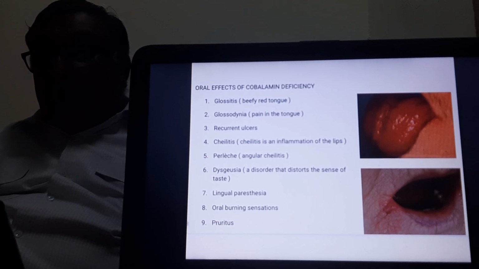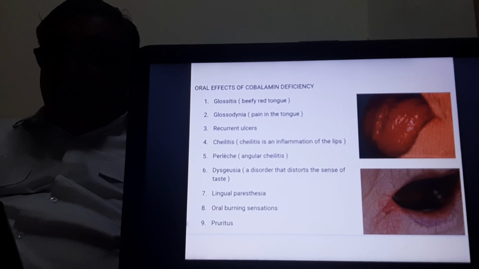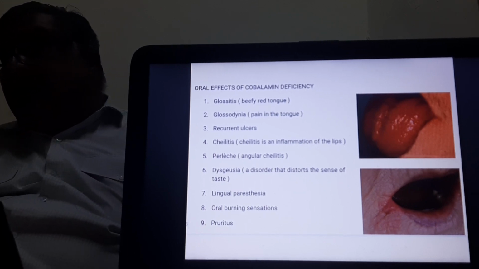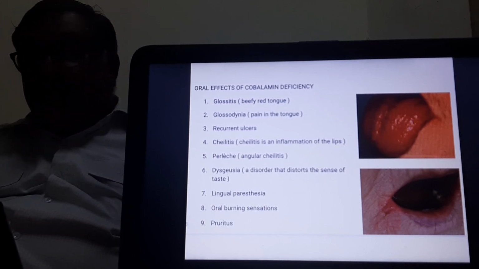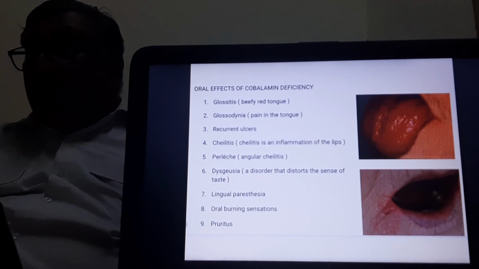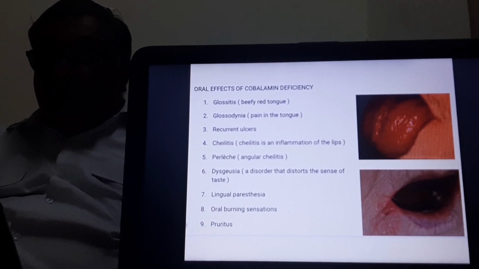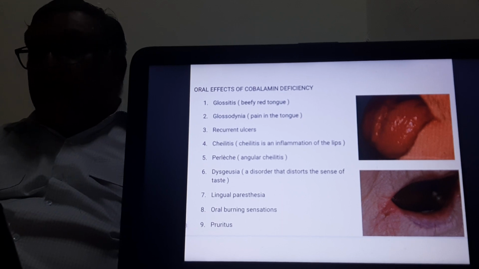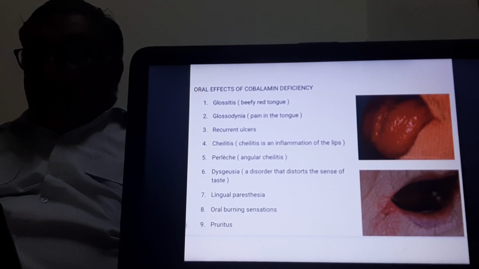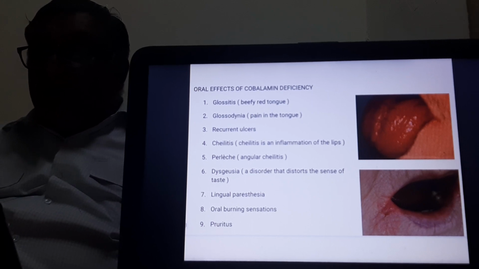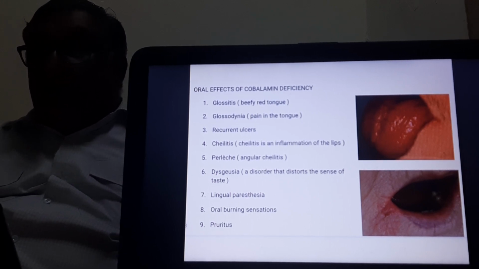There can be perleche, which is basically angular cheilitis. There can be alteration of the taste, which is dysgeusia. There can be lingual paresthesia, oral burning sensations, and pruritus. The second diagram shows the angular cheilitis. The first diagram shows the red beefy tongue.